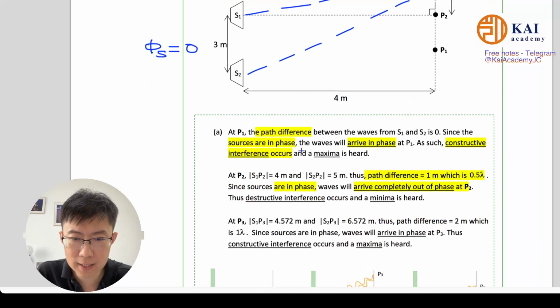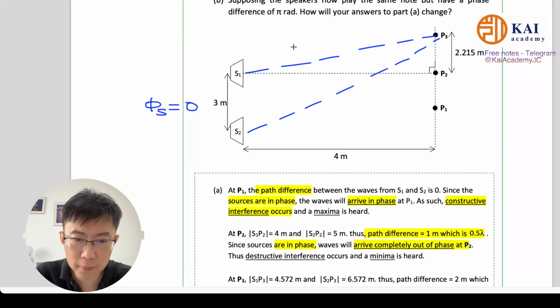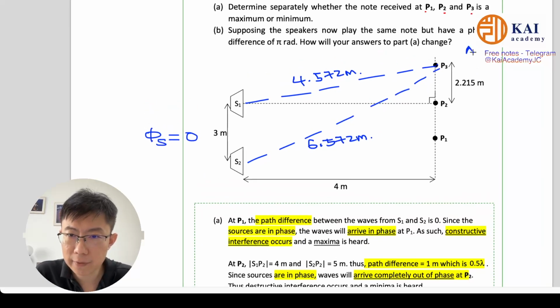This distance will work out to be 4.572 meters. Similarly, I'll use geometry to solve S2P3. That is 6.572 meters. The path difference at P3, the difference between these two values, works out to be 2 meters.